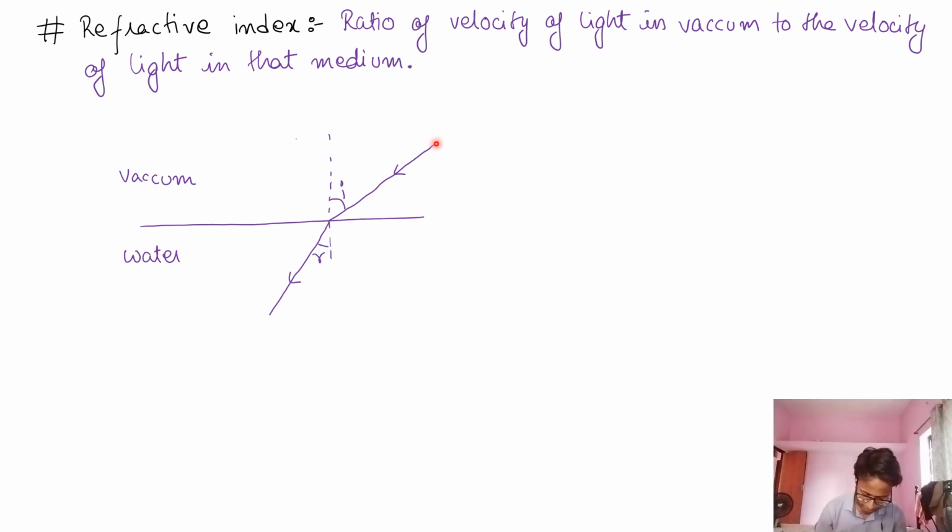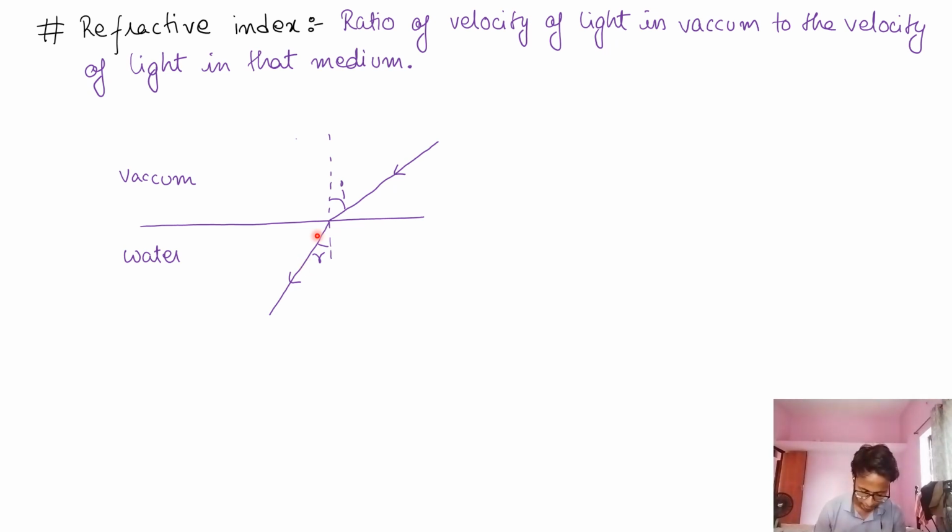Now my question is, the light that was supposed to travel in a straight line, why does it bend this way? This is because the velocity of light in this medium is much lower than the velocity of light in this medium. The light is supposed to travel straight, no? But since the light cannot maintain that speed, the water pushes back, and the light changes its direction, due to the resistance by water.